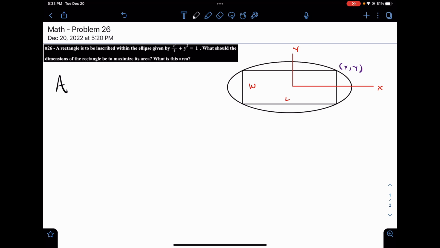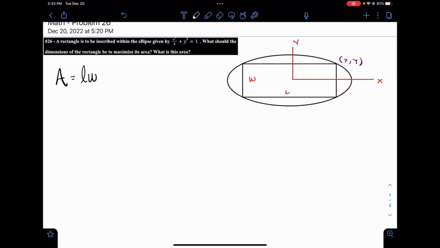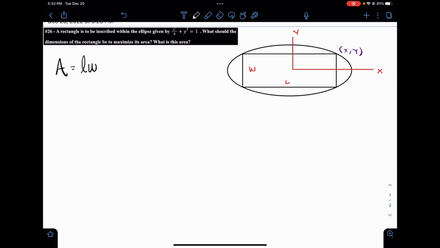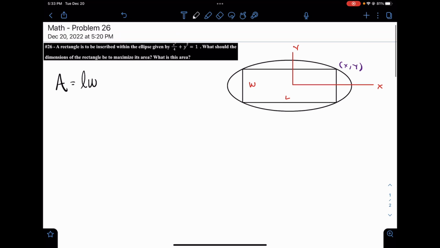So the area of a rectangle is length times width. So we know that we have some length and some width. Some other things that we know that will help us simplify this equation: if we center this ellipse and this box on an XY grid, the length of the box is going to be double whatever the x coordinate is where the box will meet the ellipse, and the width is going to be double the y coordinate of where it meets on the ellipse.